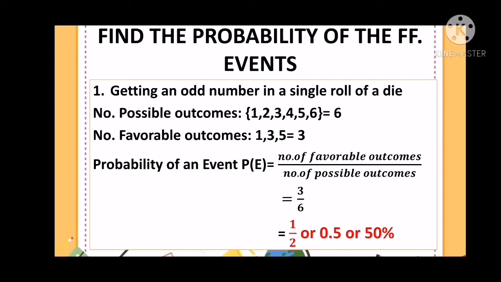You need to reduce to lowest terms if possible. So 3 over 6 or 1/2. Then transform it into its decimal. 1 divided by 2 is equal to 0.5, or the percent form niya ay 50%. Ganun lang ang pagkuha ng probability of an event.